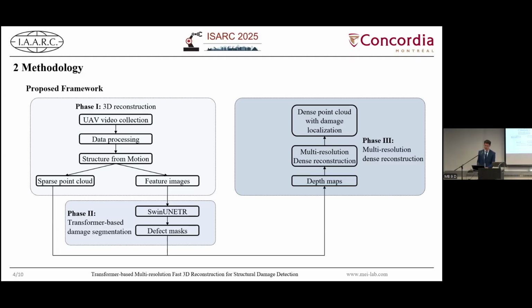In this phase, we employ a custom allocation strategy. Actually, we use high resolution only for the defected areas, while low resolution for elsewhere. So the output is a dense point cloud with damage localization and visualization.